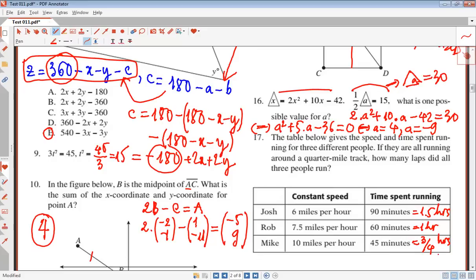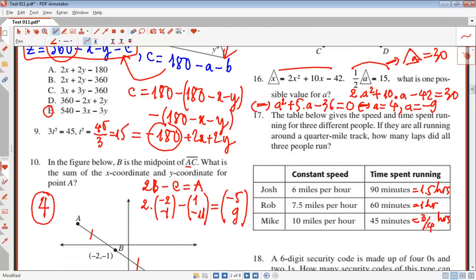Hence, the total number of miles is 6 times 1.5 plus 7.5 times 1 plus 10 times the fraction 3/4.